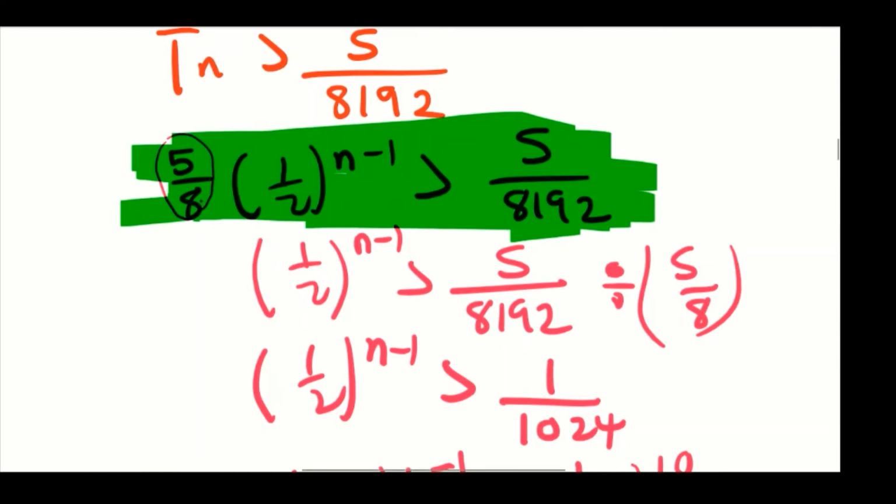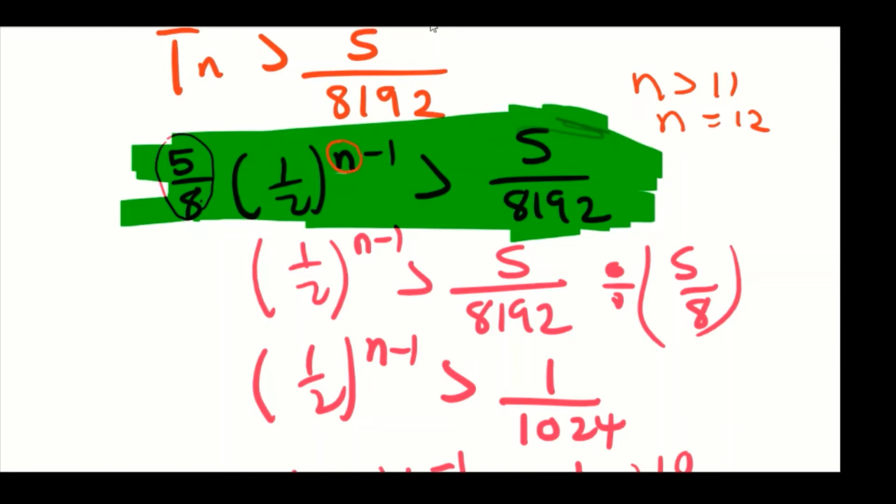Now that we found n greater than 11, you substitute n equals 12 and see if you get a value greater than 5 over 8192.